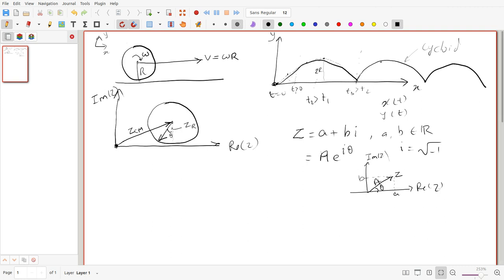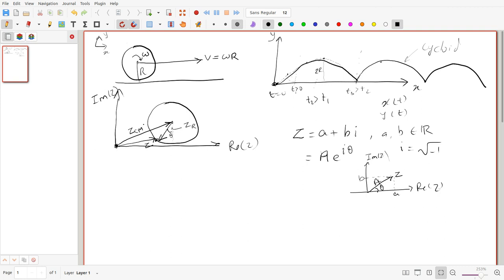And finally, we add these two complex numbers, which for our practical purposes is just like adding two vectors. That's how complex numbers are also added. They follow the triangle law of addition. So that addition gives rise to this z, which is the general trajectory of this point.